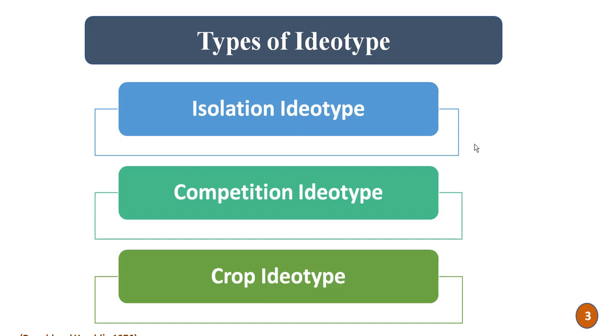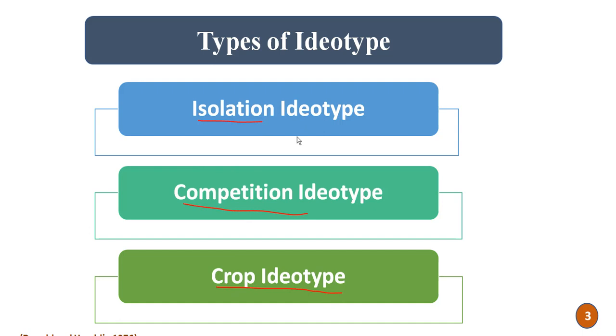These plant ideotypes have different types as per Donald and Hamlin 1976. There are three major types of the ideotype. First one is isolation ideotype, second one is competition ideotype, and third one is crop ideotype. So what is isolation ideotype?